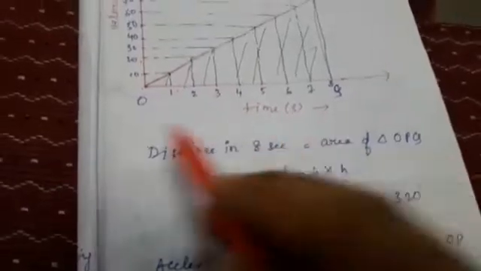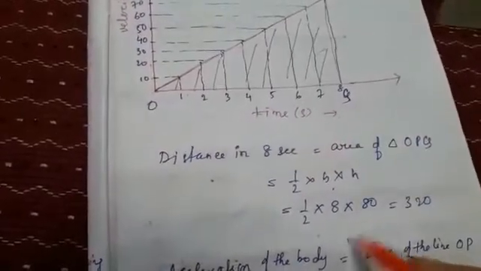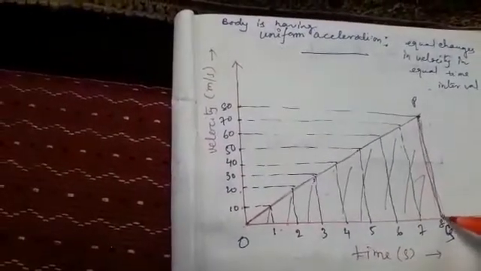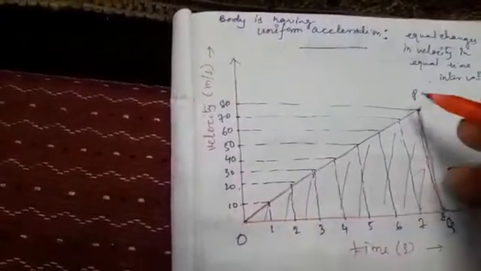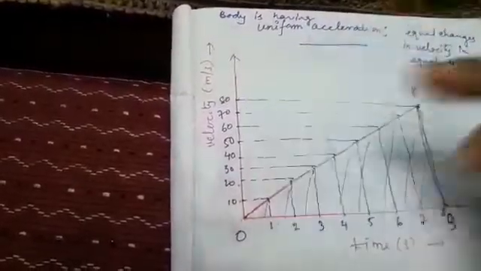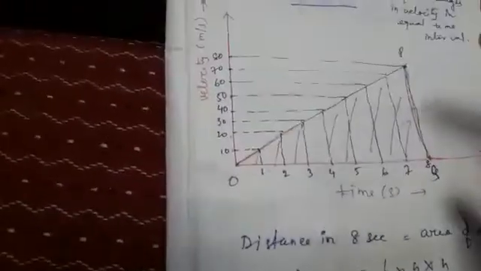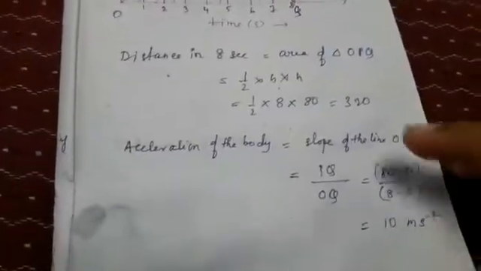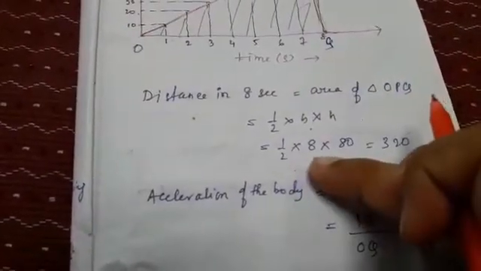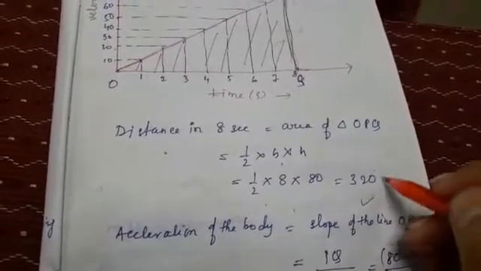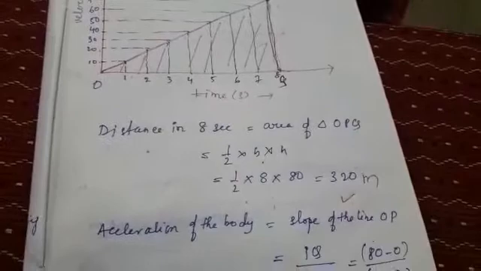See what is the base, it is 0 to 8, that is 8, and see this PQ height, this Q will coincide with 0, and this P will coincide with 80. So the difference 80 minus 0 will give you 80. So the height is 80 only, put the value. Half into base, that is 8, into height, 80. You cancel, you will get 320 meter as the distance covered.